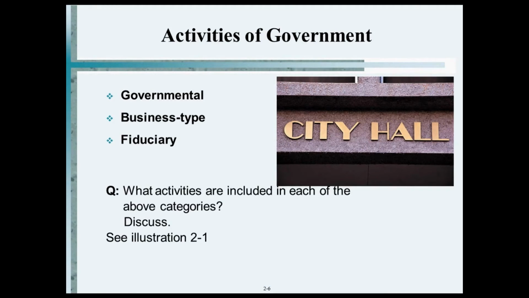The next type, business type activities. What are those? Business type activities are things which government does where it expects to be fully compensated. Buying and selling land is still an activity, meaning something it does. Let's think about transportation.